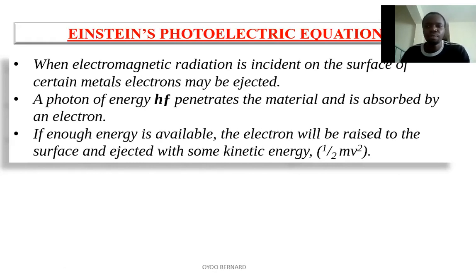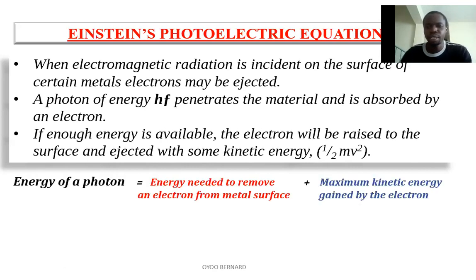And if it is even more than just raising it to the surface, it will be ejected with some kinetic energy given by the expression half mv squared, where m is the mass of an electron and v is the velocity at which it moves.